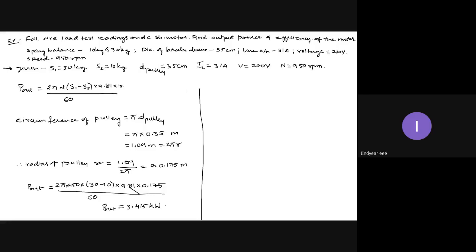Then P in is equal to V into IL, which is 200 into 31.